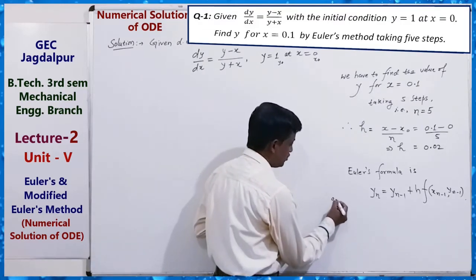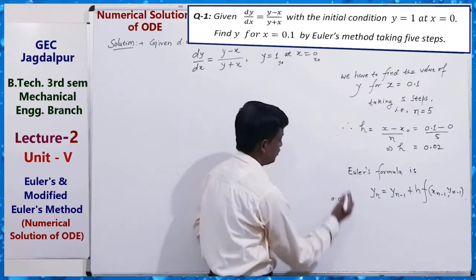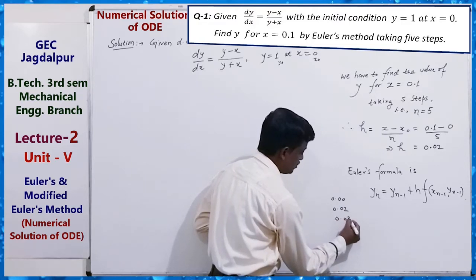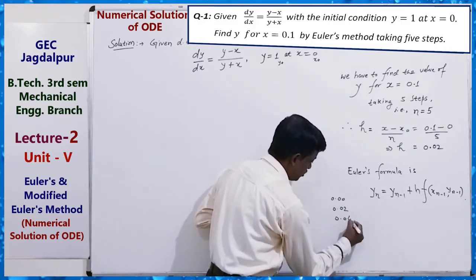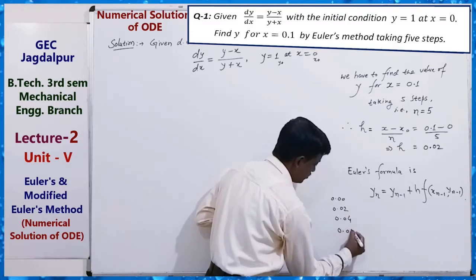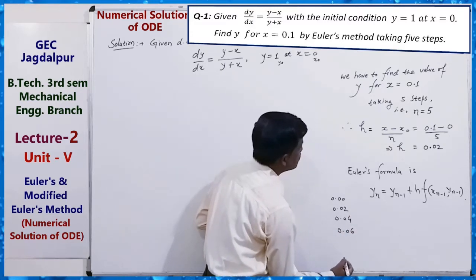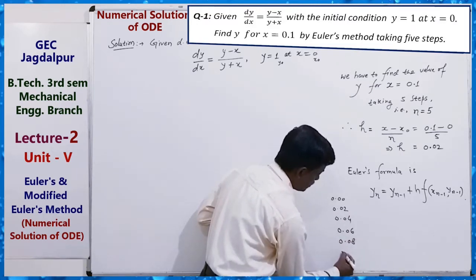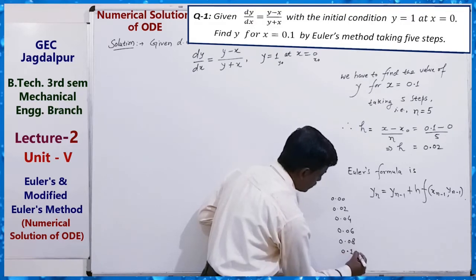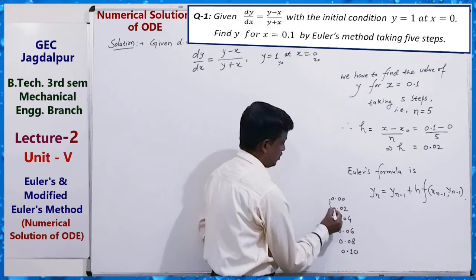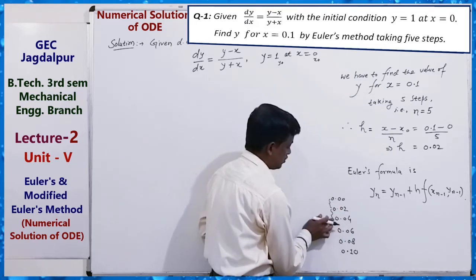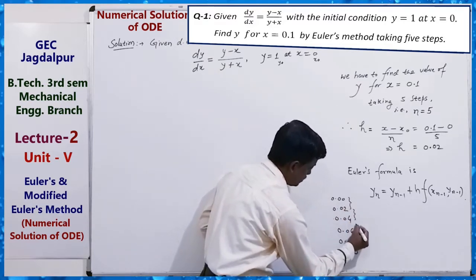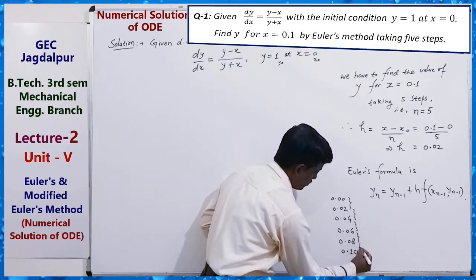So the first value, starting from 0, is 0.02, then 0.04, 0.06, 0.08. This is one stage: this is the first stage, this is the second stage, third stage, fourth stage, fifth stage.